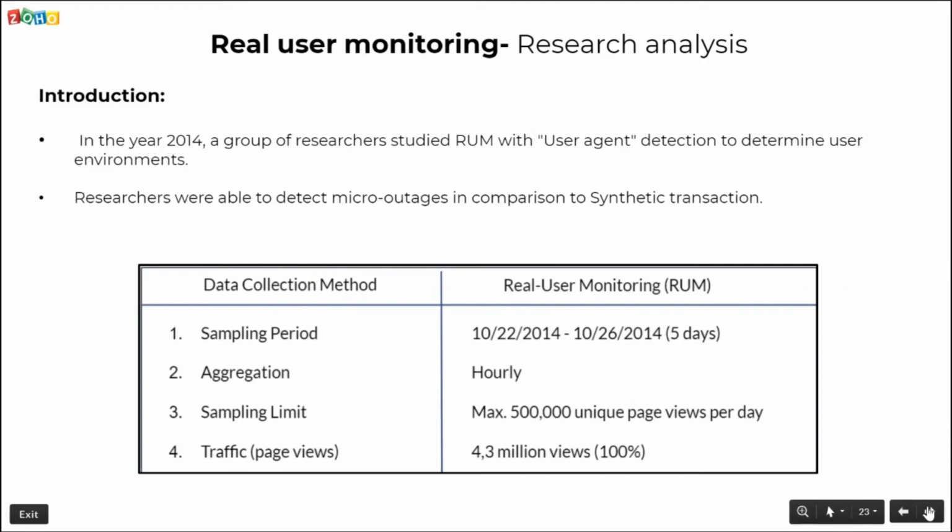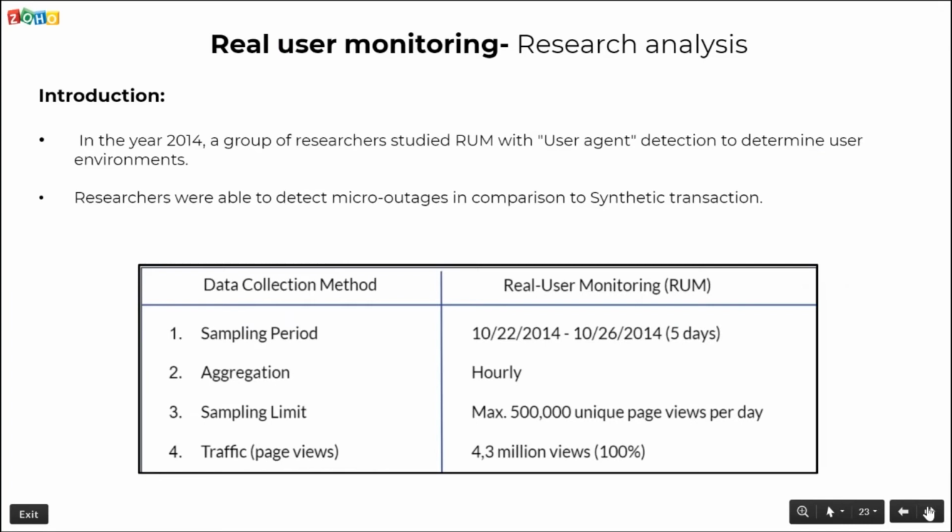Their research was done by taking a sampling period of 5 days, from 22nd of October to 26th of October, with data collected hourly, and the sampling limit set to 5 million unique page views per day.